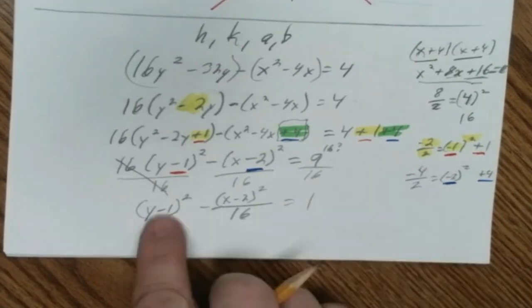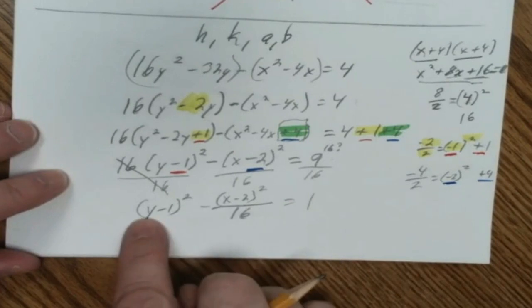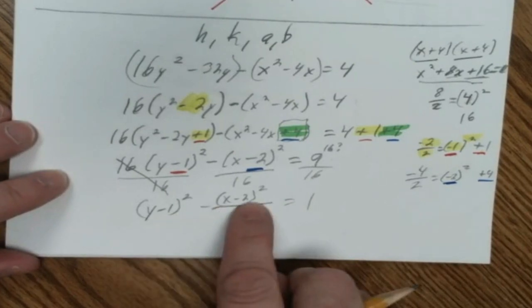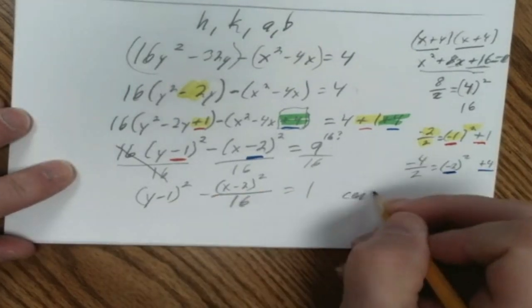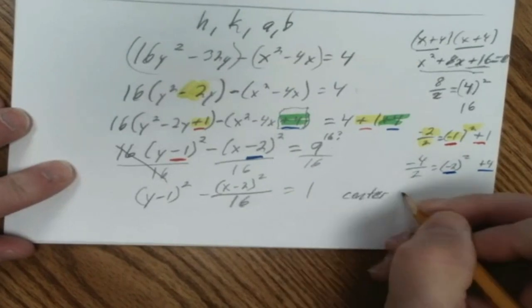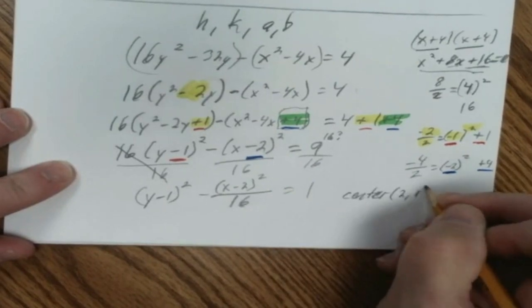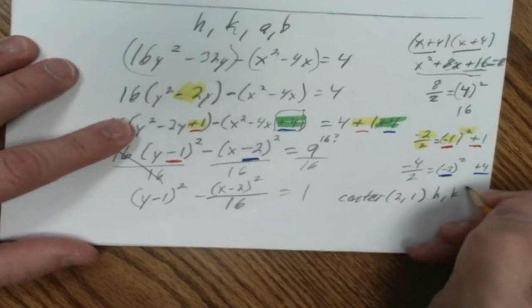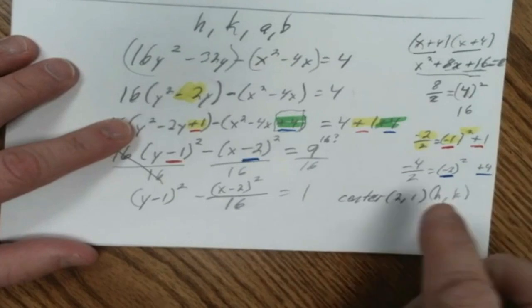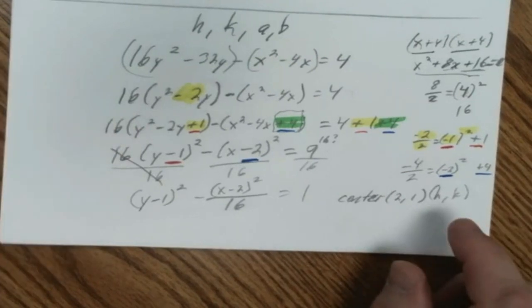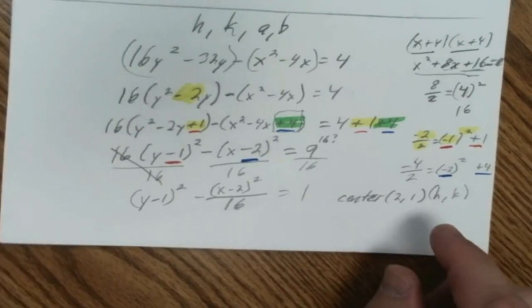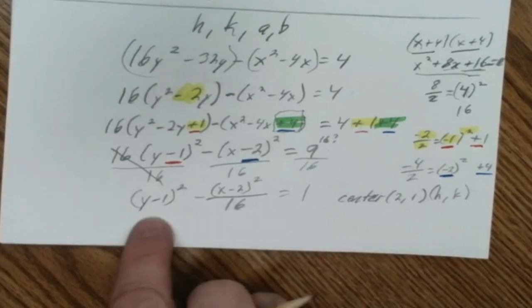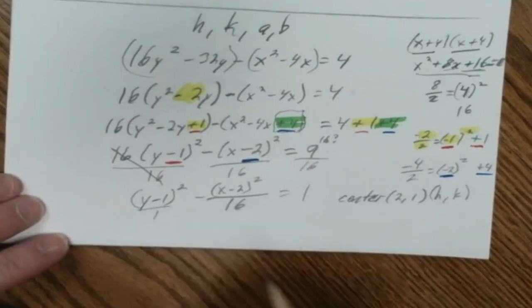So when you look at this, y minus k, x minus h, the center is at 2, 1. So that gave us our h and k, right, that's our h, k, 2, 1. And once we know that, we know a squared is 1, because this is just divided by 1.